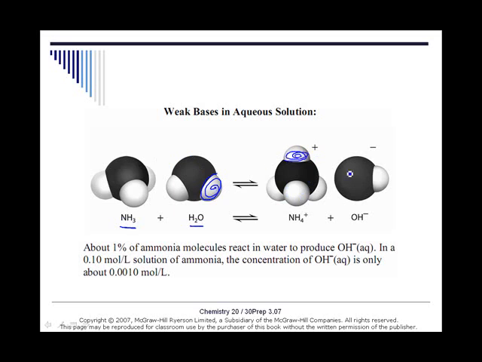We'll say it's this one, leaving an OH left for our water molecule. Very, very few of these actually react. Only about 1% of the ammonia molecules in solution react with water to produce a hydroxide. So in a 0.1 mole per liter solution of ammonia, only 1% of them, or only about 0.001 mole per liter of hydroxide will exist in that solution.